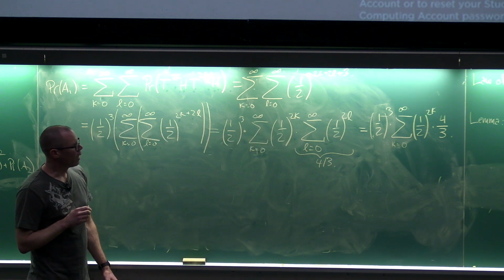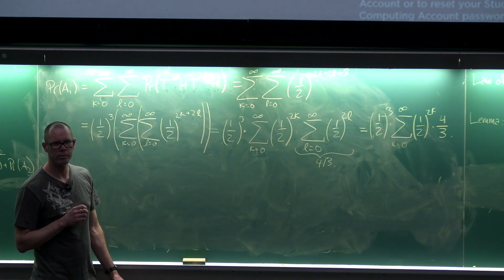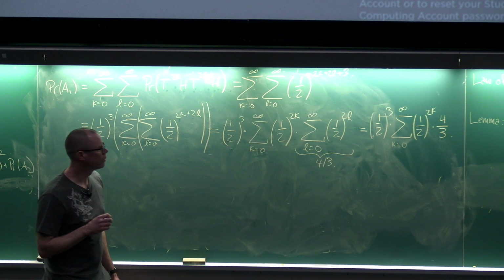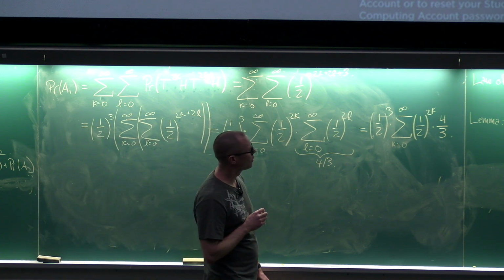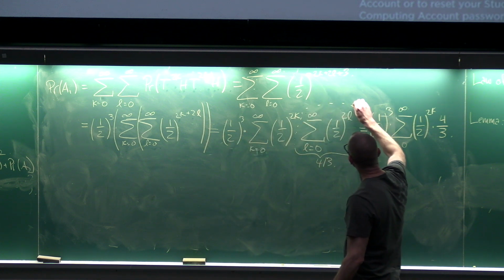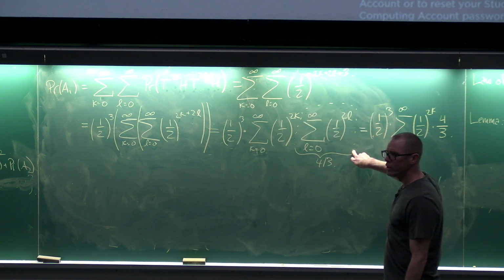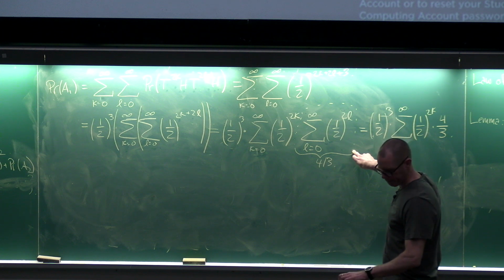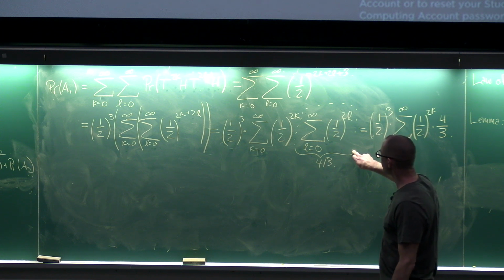Do we know what to do now? Where does the 4/3 come from again? 4/3 is the value of this sum. We did it when we were studying the original game. So it came up in the original game.